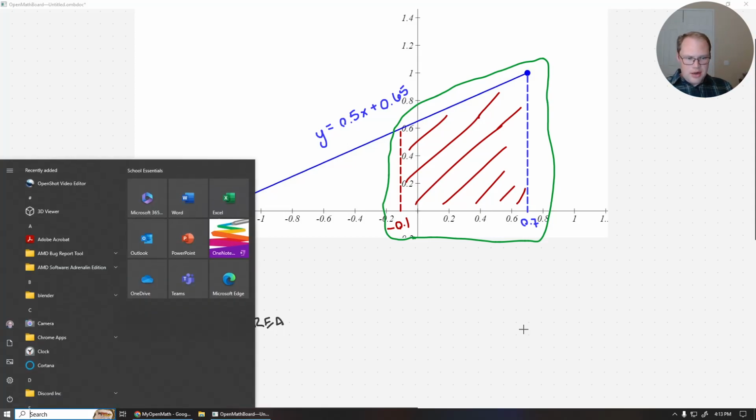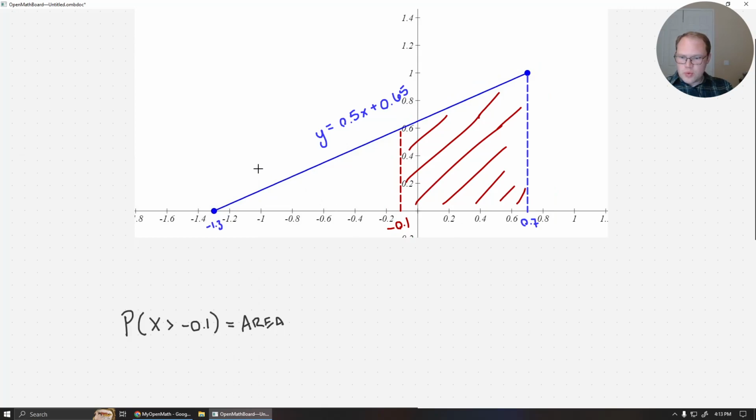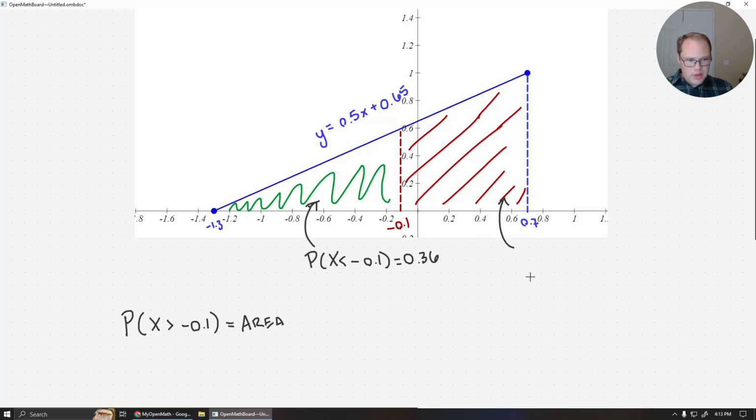Well, the key here is realizing that the area to the left is what we've already found. This is the probability that x is less than negative 0.1. That was the 0.36 that we've just found. Okay? This is the probability that we're looking for, this region.